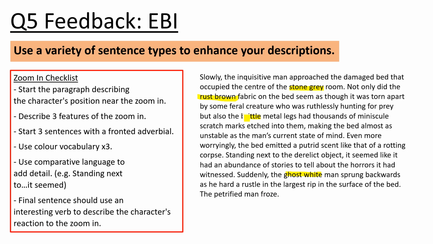We've got brittle, we've got the word etched, we've got the word putrid, we've got the word rustle. So I have carefully crafted my paragraph to include a variety of sentence types to enhance my descriptions, as well as a variety of vocabulary. And that's what I've produced.